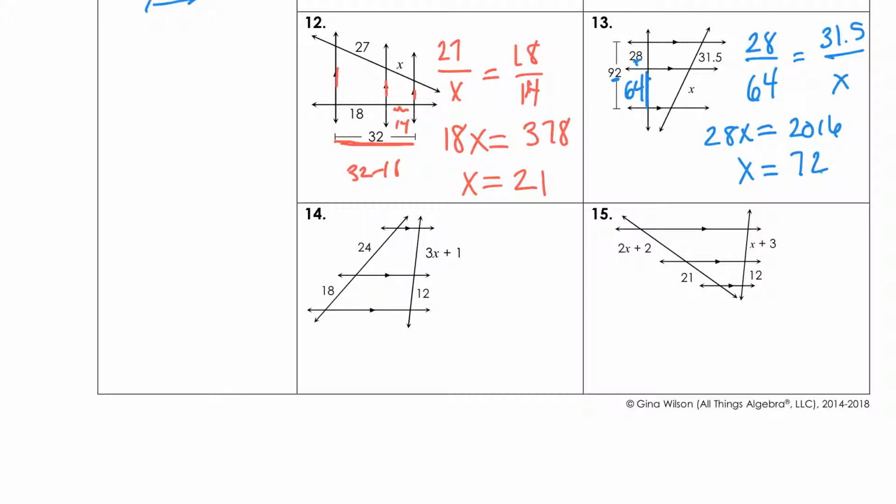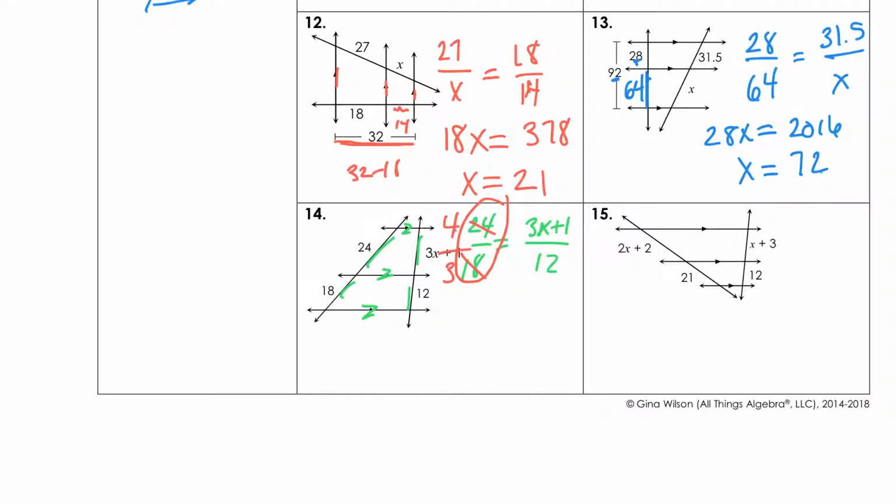Now let's do a little bit with binomials. Still the same concept. These two are proportional to these two because we have parallel lines. We will have 24 over 18 is equal to 3x plus 1 over 12. Now, if you would like, you may reduce that before you actually start doing any operations. 6 goes into both of those, so it'd be 4 over 3.